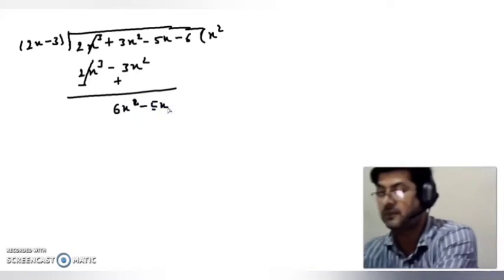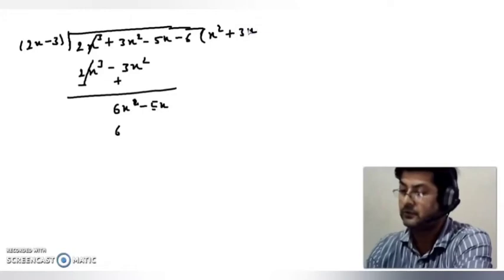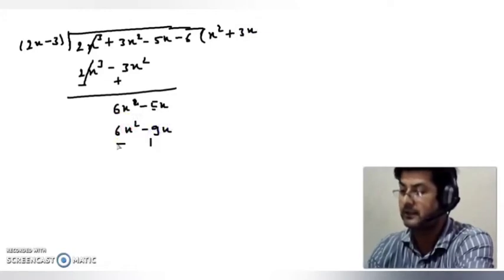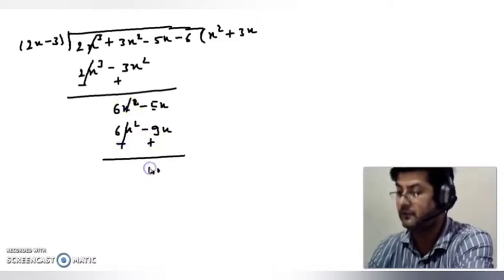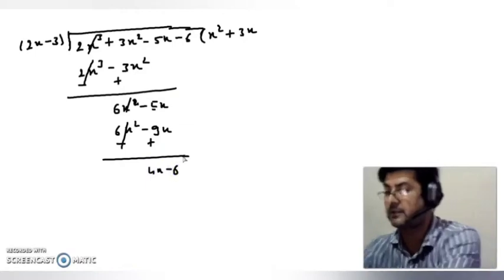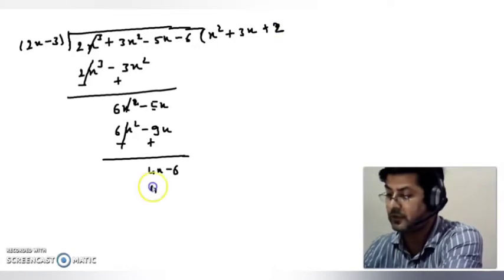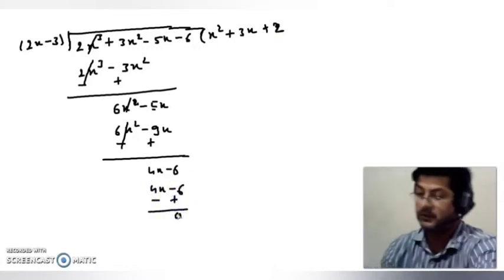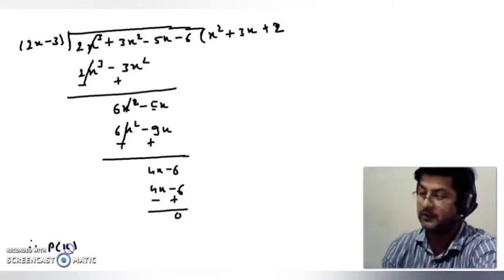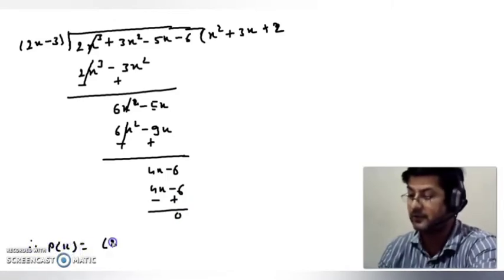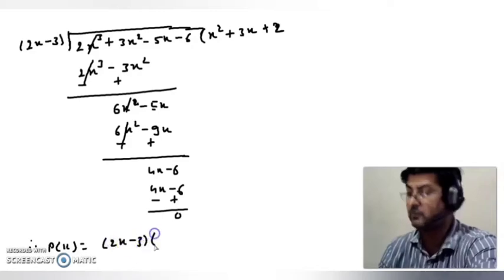Now we'll multiply by 3x, so plus 3x, so 6x square minus 9x, minus plus, okay, 9 minus 5, 4x minus 6. Let us multiply finally by 2. Okay, so 2 2s are 4x minus 6. Remainder is 0, and therefore p of x can be written as a product of the divisor and quotient.